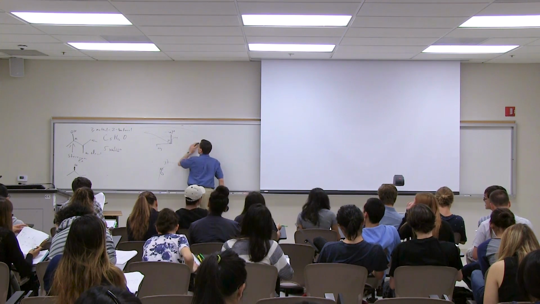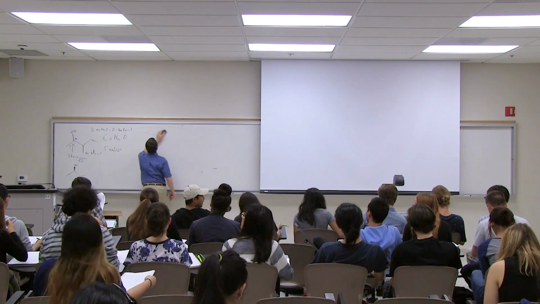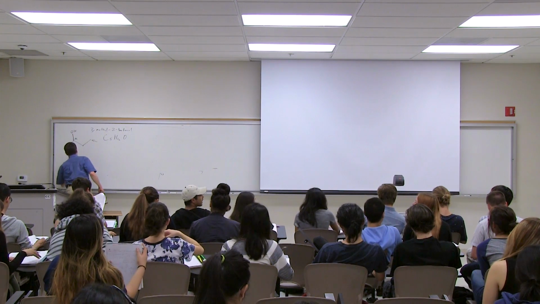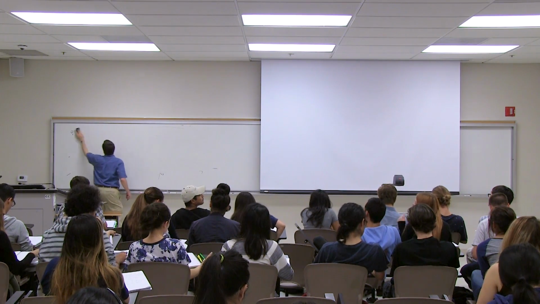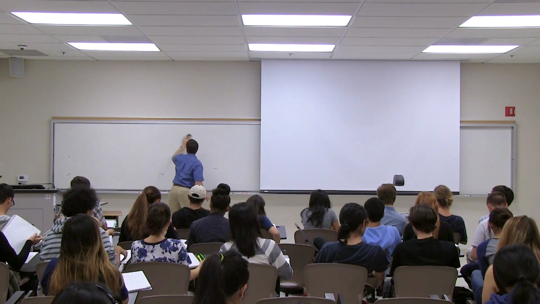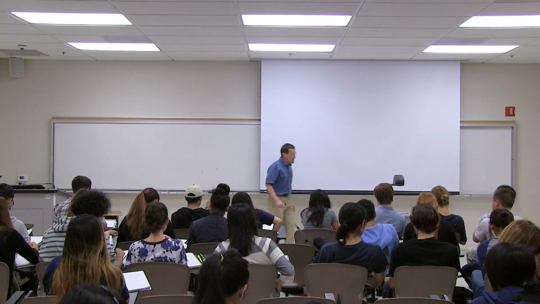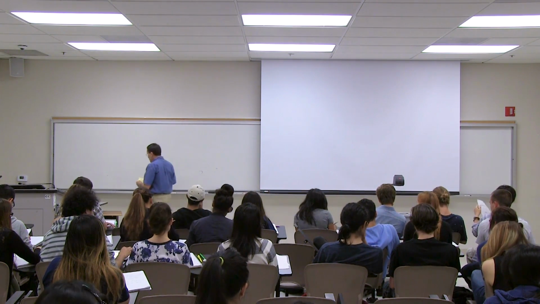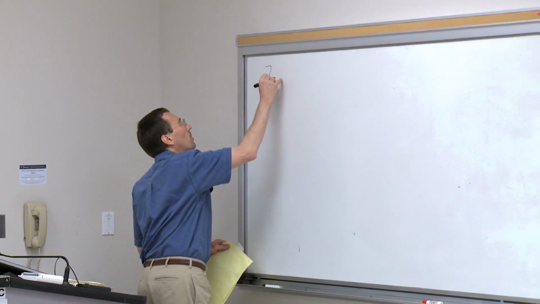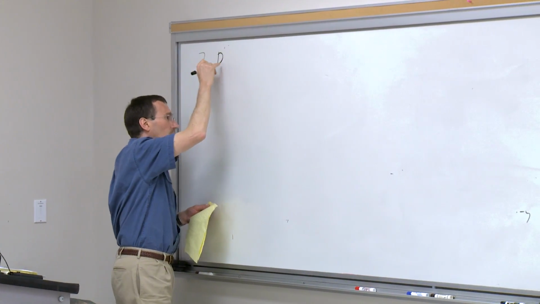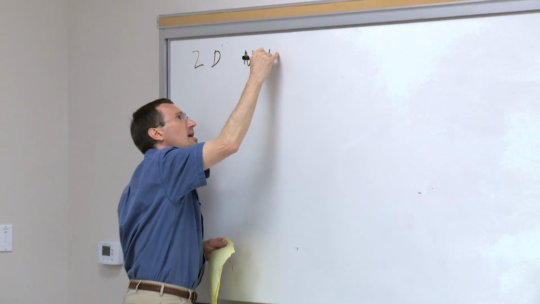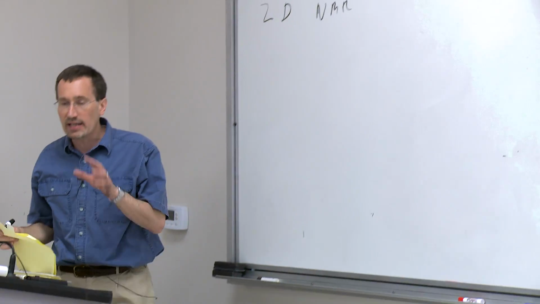All right, so I want to talk at this point, and then give us an example, on 2D NMR spectroscopy. 2D NMR is a technique where you're running 2 frequency dimensions. That's not really important to you.